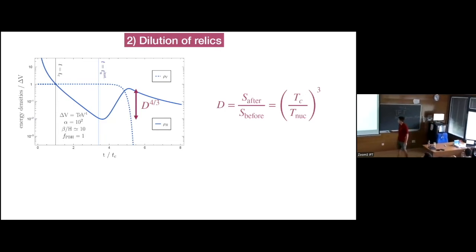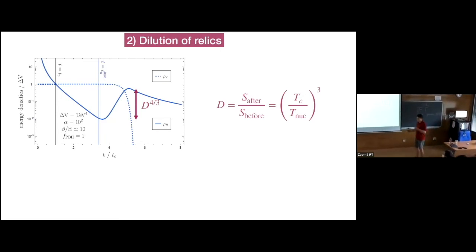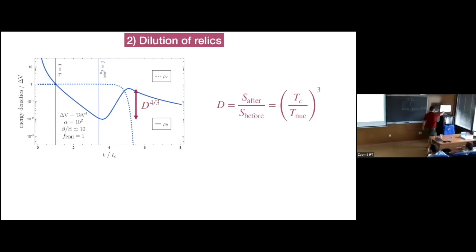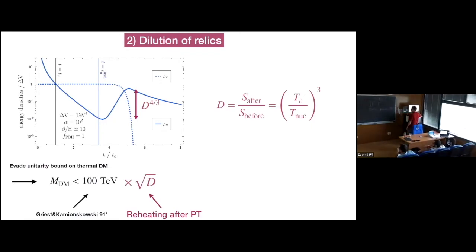You can introduce this ratio of entropy, D, which is given by the ratio of temperatures to the cube. And because you have a large hierarchy for a supercooled phase transition, you have a large entropy injection. And you can use it to dilute any relic, for instance, dark matter, and you can evade the unitarity bound on thermal dark matter, Griest and Kamionkowski, 91.